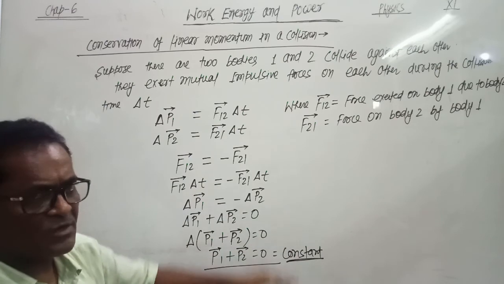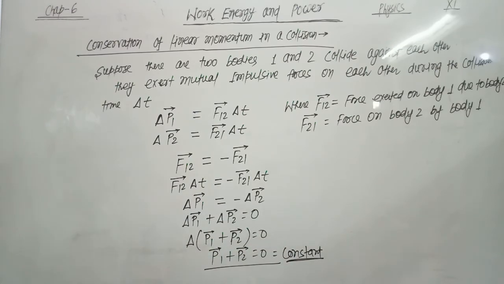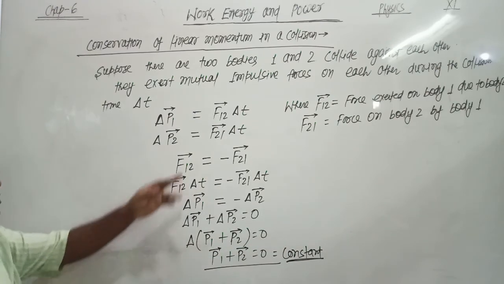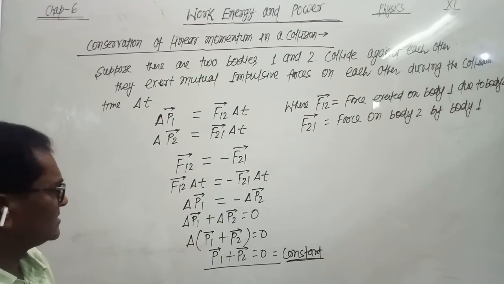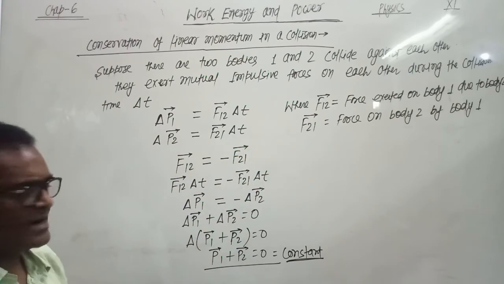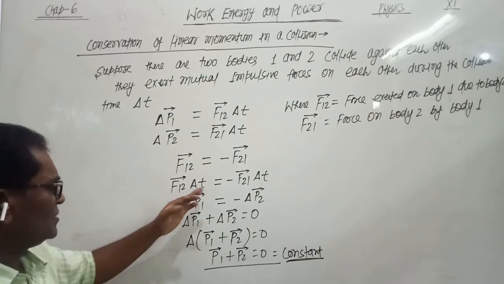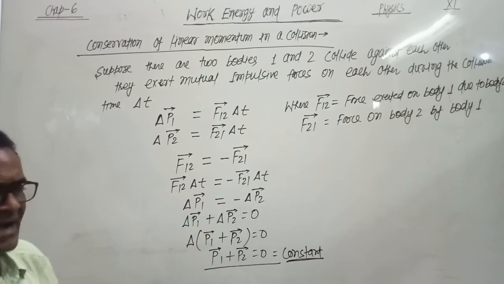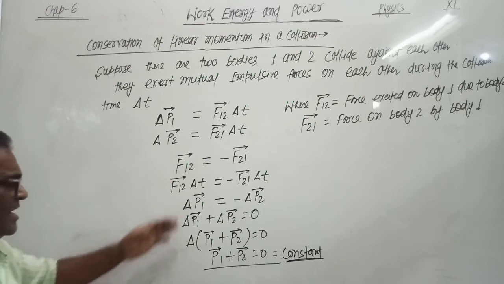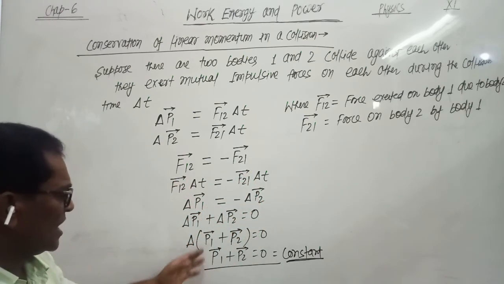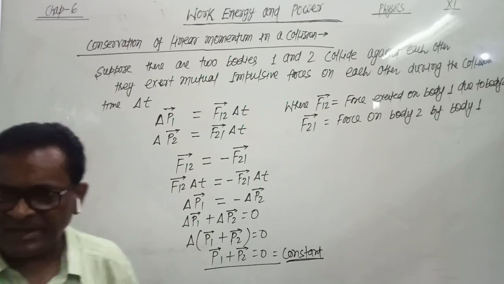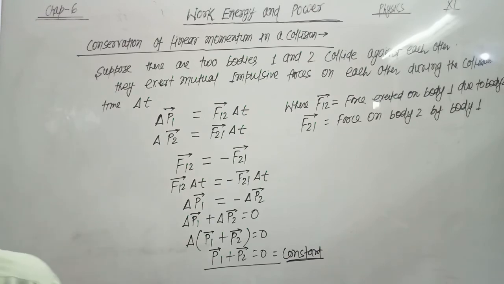Similarly, delta p2 equals F21 into delta t. These two forces are equal in magnitude but opposite in direction. Multiplying both sides by delta t, F12 delta t equals minus F21 delta t. This is written as delta p1 equals minus delta p2. Taking delta as common, we get p1 plus p2 equals 0, which is a constant term.